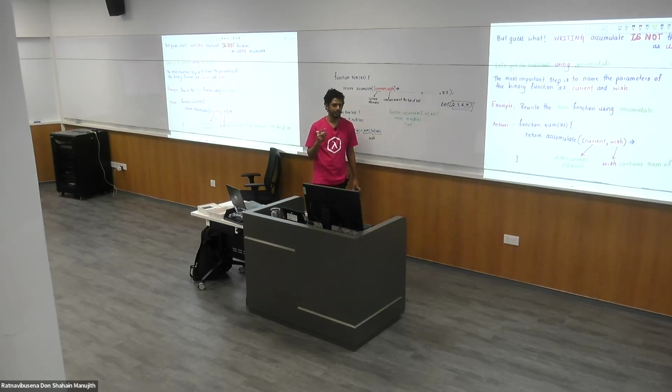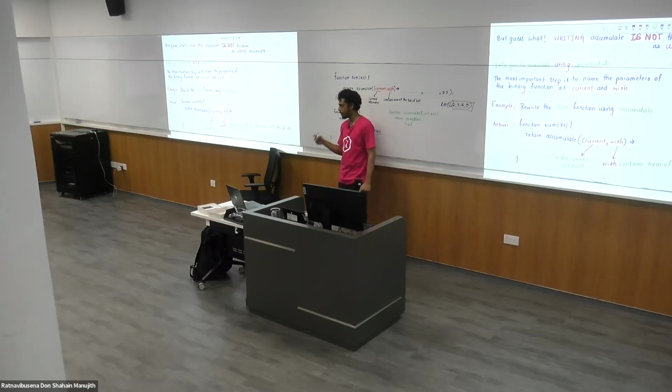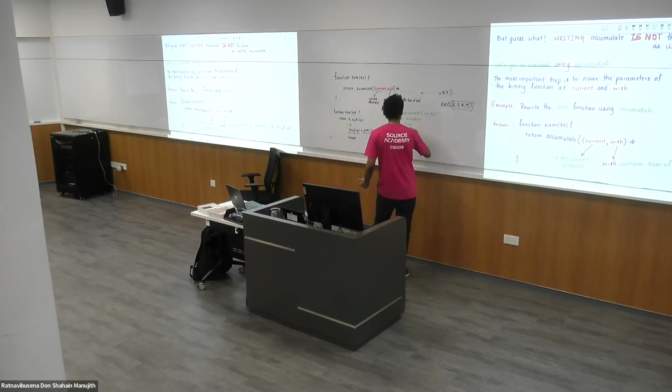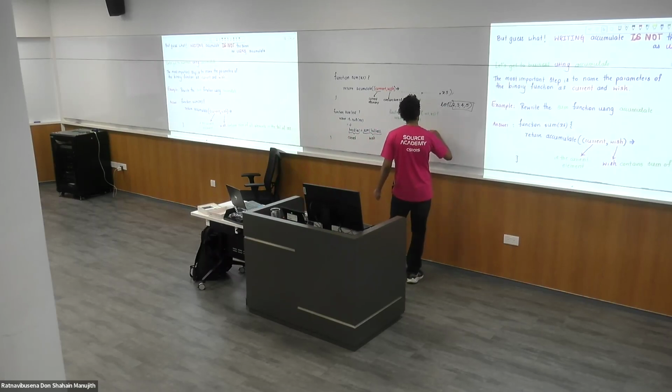Again, use visual thinking, right? Your wish was replacing every single pair by f in the tail and replacing the null by the initial value in the tail. So then how can you combine that with the current element? You do f of what? Comma, accumulate.